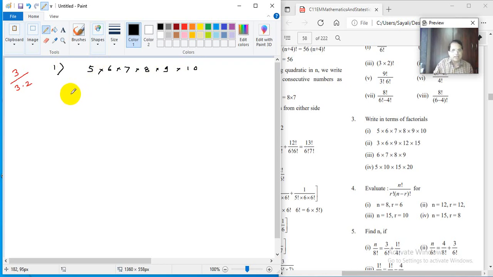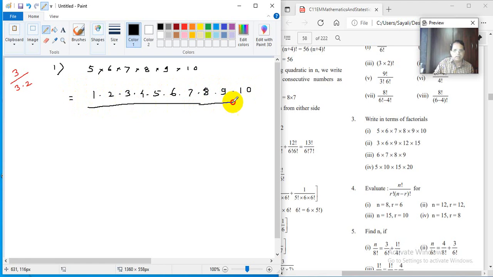Then what do I have to do? I can write this equal to 1 into 2 into 3 into 4 into 5 into 6 into 7 into 8 into 9 into 10, and then I will divide by 1 into 2 into 3 into 4. So these cancel and the product from 5 to 10 that they gave remains.